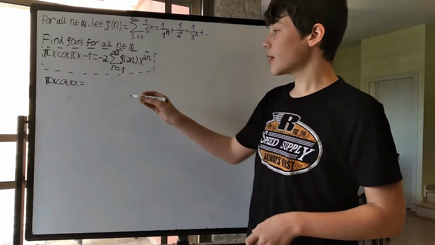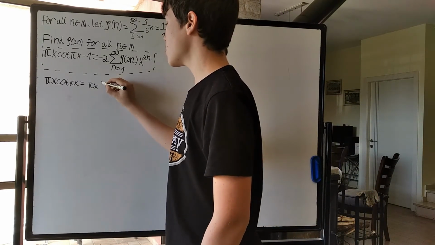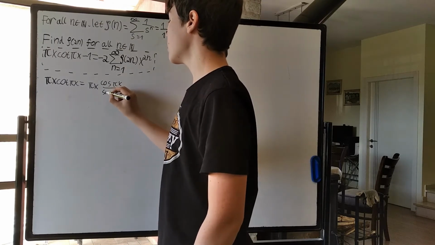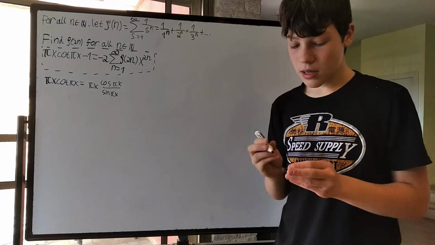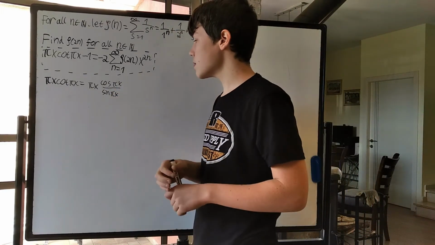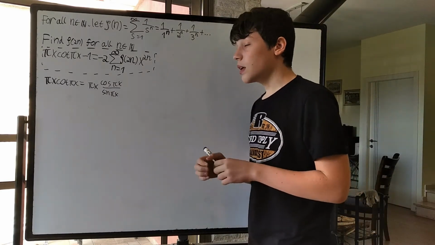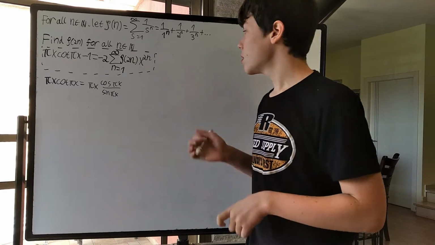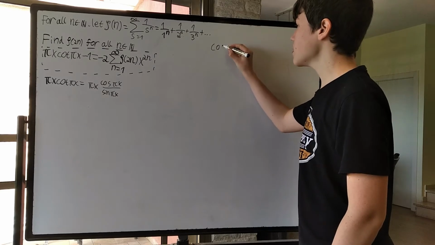Okay, now let's try to turn this into an infinite sum. So we know cotangent is cosine over sine. And now we have cosine and sine and some pi's sprinkled around. It seems like we should use the imaginary formulas for cosine and sine, which I'll write up here in case you forgot.